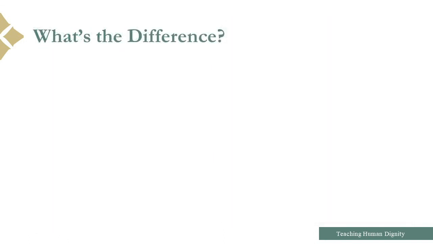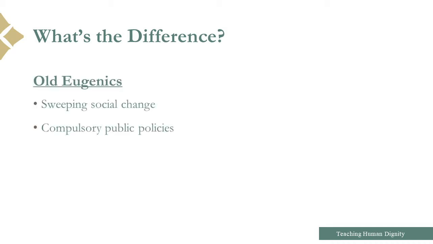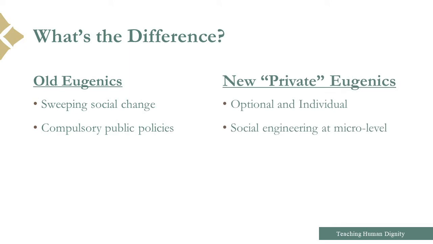The key difference here, even though this rhetoric is very hauntingly similar to that of the eugenics movement, is that while the eugenics movement focused on sweeping social change and compulsory tactics, practitioners of clinical genetics, as seen clearly in prenatal testing, emphasize optional screening and individual genetic counseling, so all at an individual level.